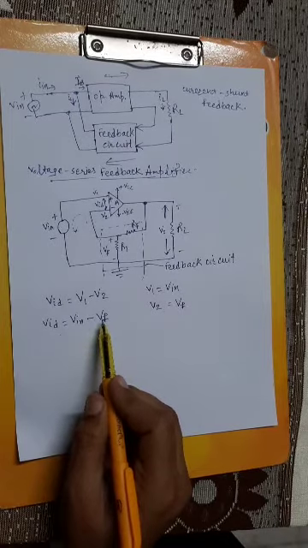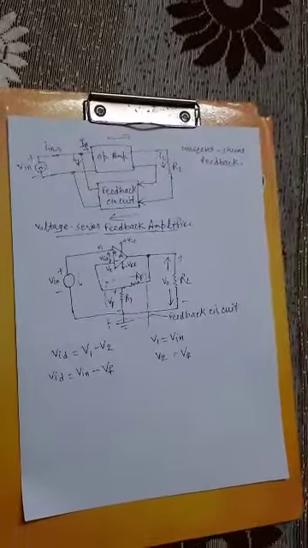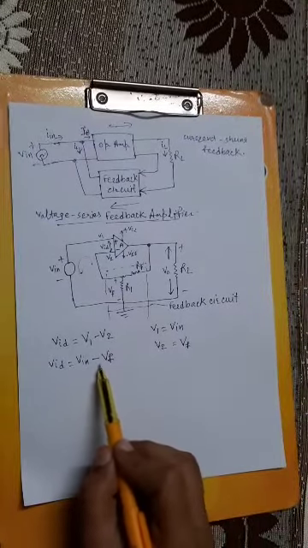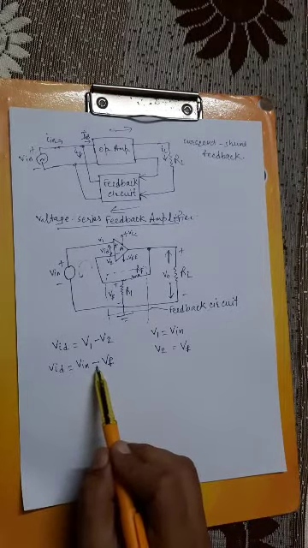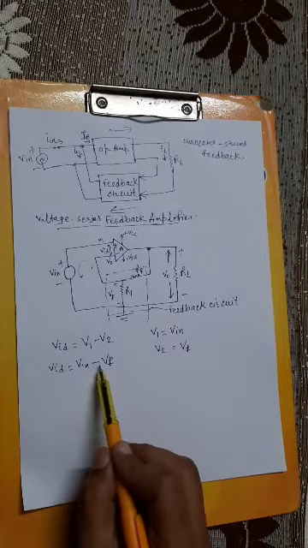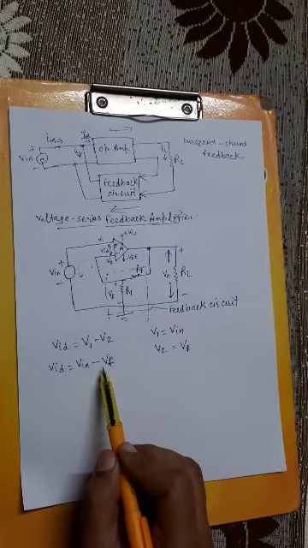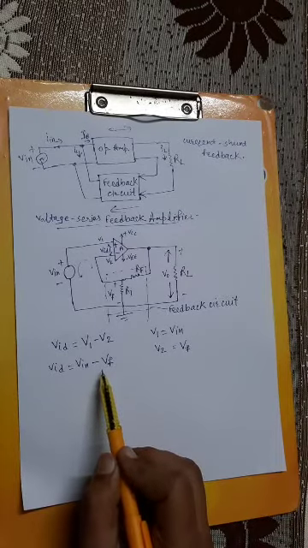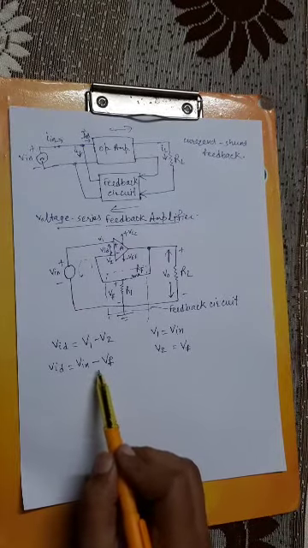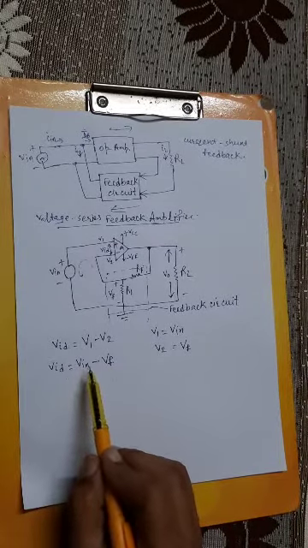It means the output voltage is applied to the input voltage side, and because the sign against this Vf voltage is minus, the feedback voltage is applied with a phase difference of 180 degrees. It means this voltage Vf is 180 degrees out of phase with this V input.